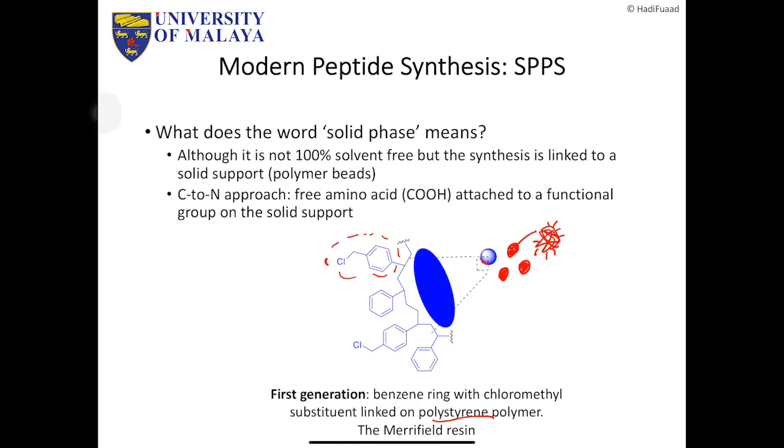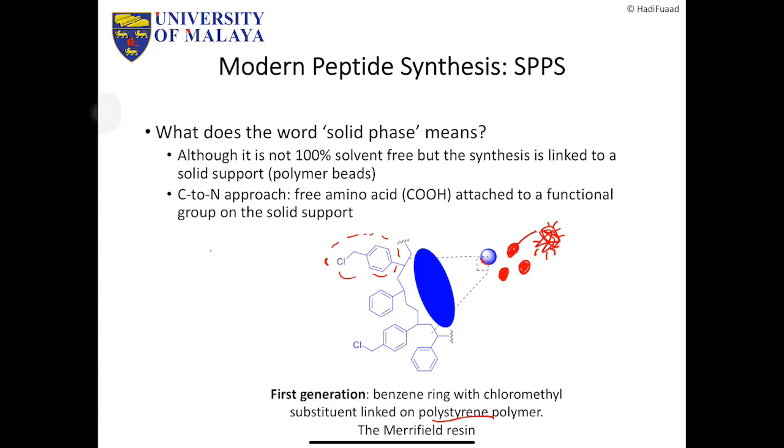The structure looks almost identical to an acid chloride. You probably remember that an acid chloride is very, very reactive. Even though this one is not an acid chloride, chloride is a good leaving group, and that's what's important.